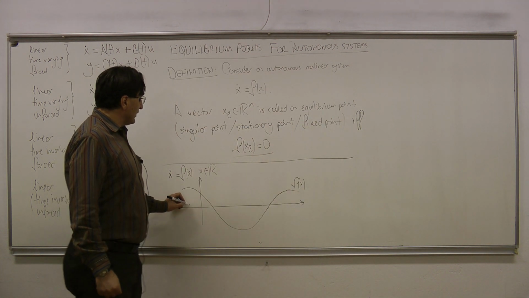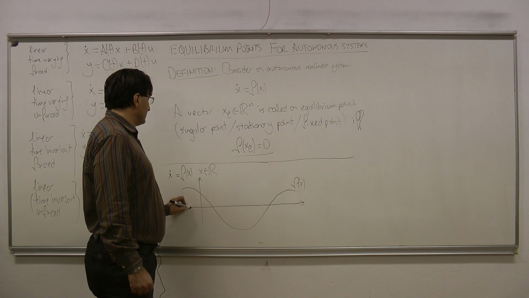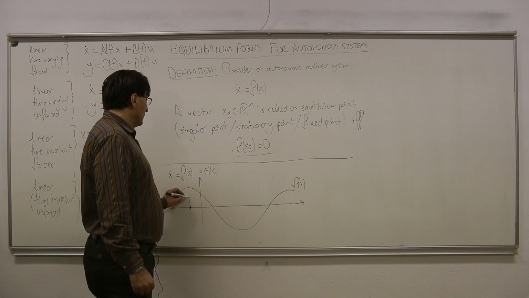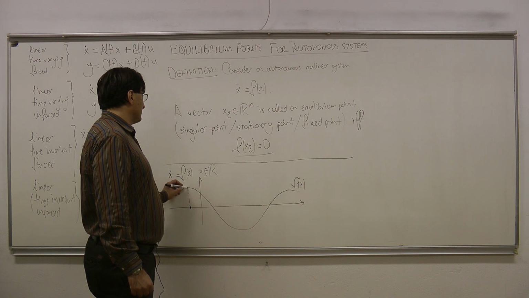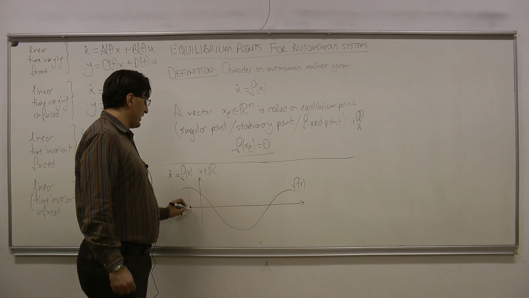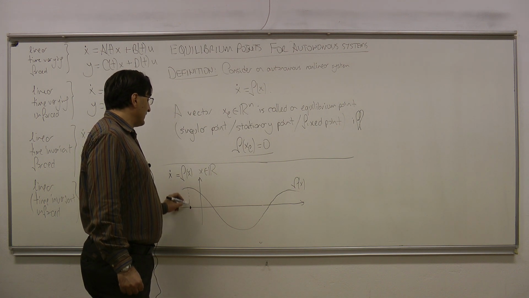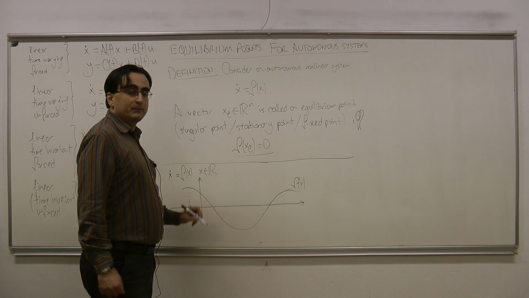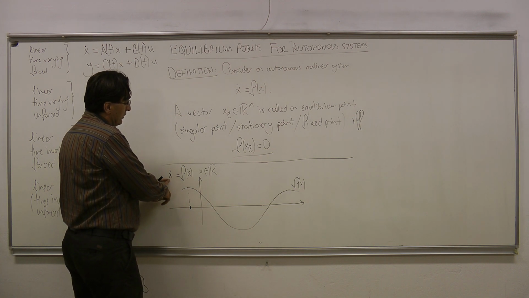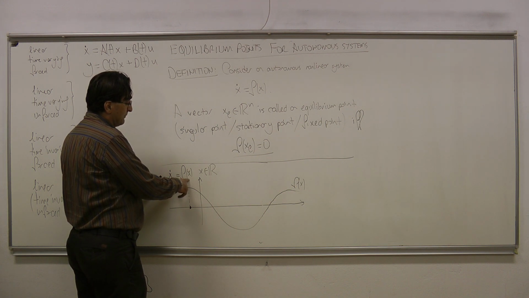Suppose that I start this system somewhere here at this point. At this point, you see that f of x is positive. So this is my initial condition x0, and at x0, f is positive. What does it mean? In this differential equation, I have x dot is equal to f of x.